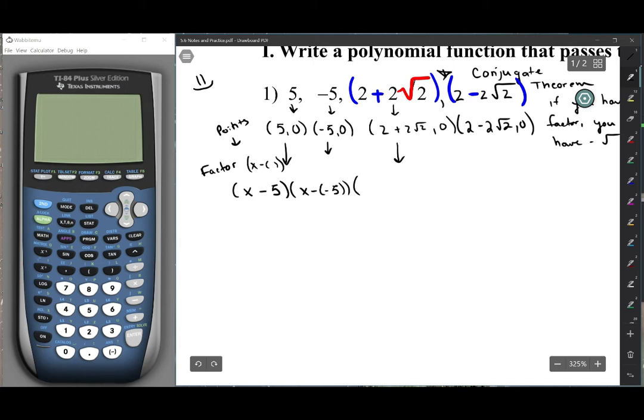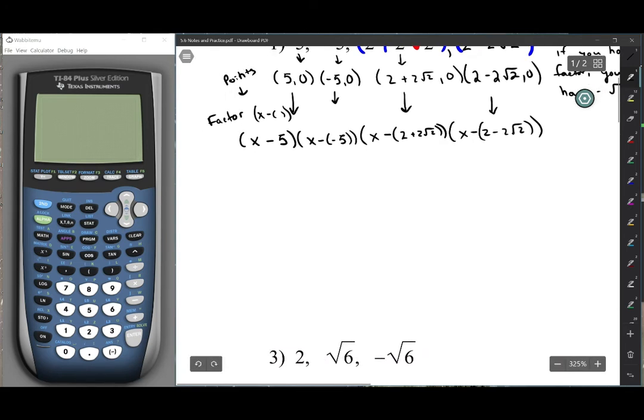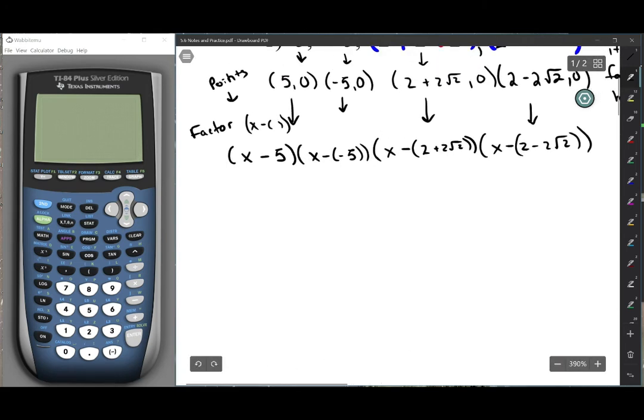But let's just continue. x minus the quantity 2 plus 2 roots of 2. And then this last one, the freebie, x minus the quantity 2 minus 2 roots of 2. I promise it'll come out to be nice in the end. I know we have some nastiness right now.